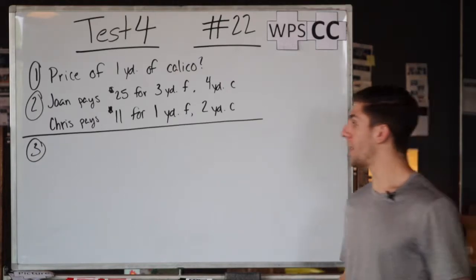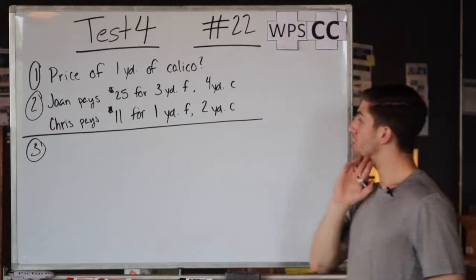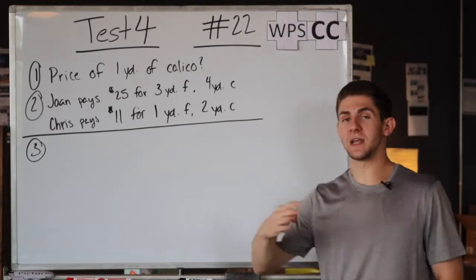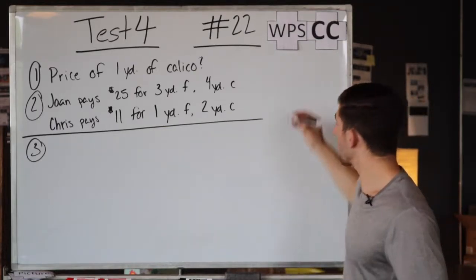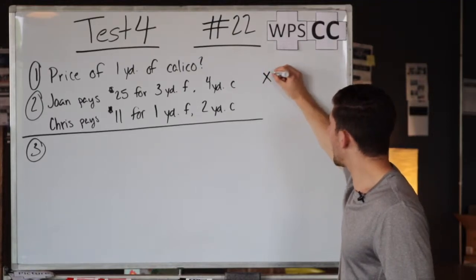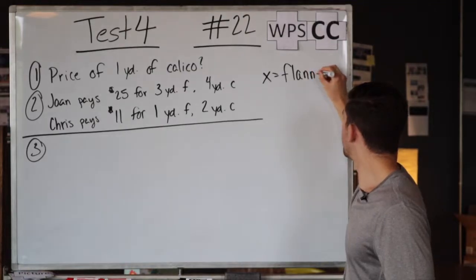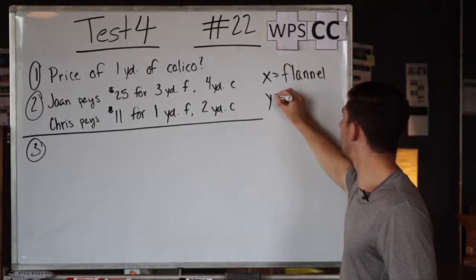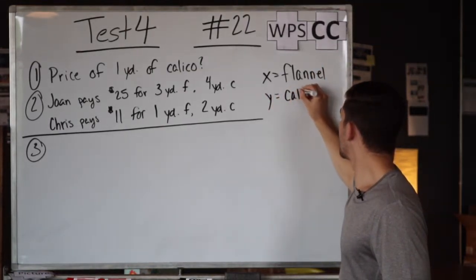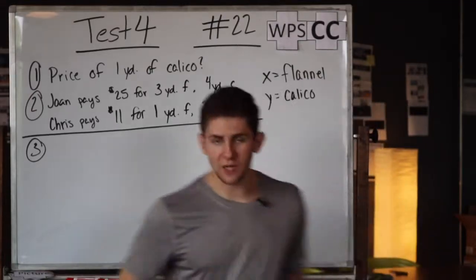So how we can go about doing this, first is we should identify this in the form of an equation. So what we're going to do is make X flannel and Y calico. Here's what this is going to look like.